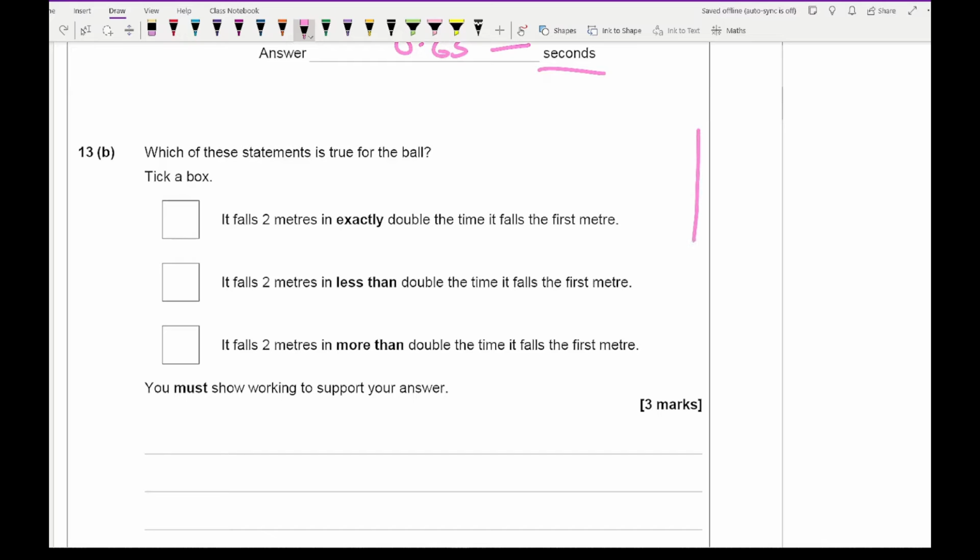Well, if I just draw a particular 2 meter drop, so this is the start, this is the finish, and this is the ball. Now here, if the ball is dropping, this section here is the first meter, and this region here is the second meter.